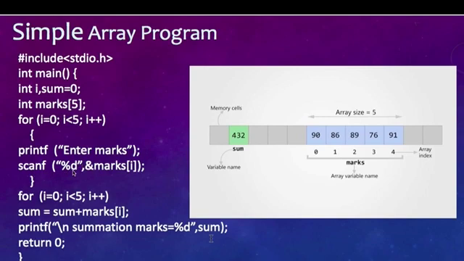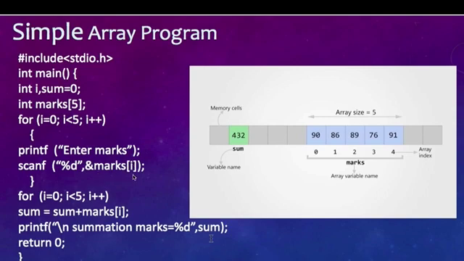And if we reserved a location with the name A, then we will be storing the value like ampersand A, right? So similarly, here we can store the value using scanf percentage %d ampersand marks of I.